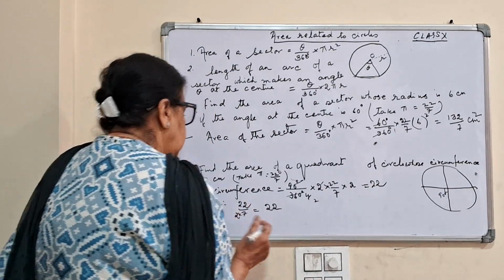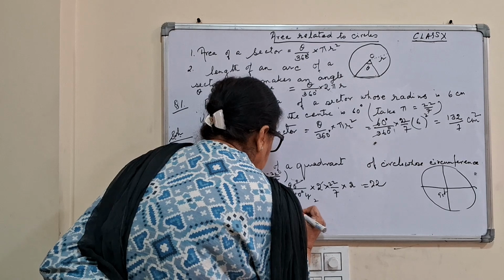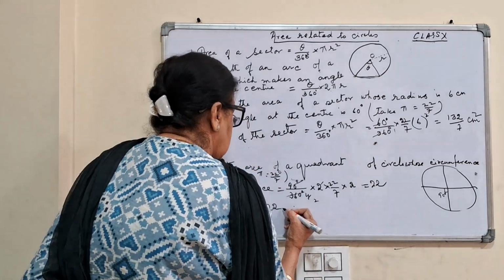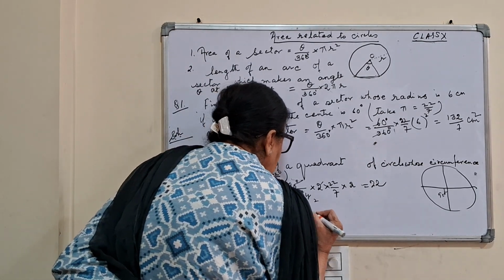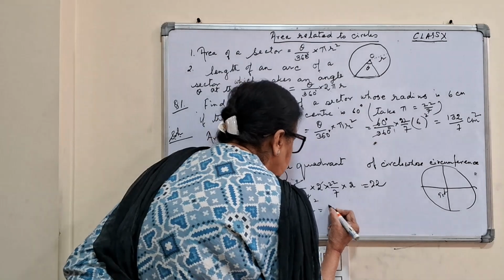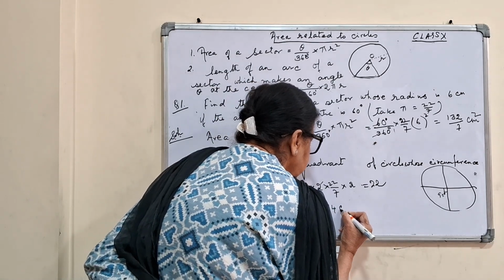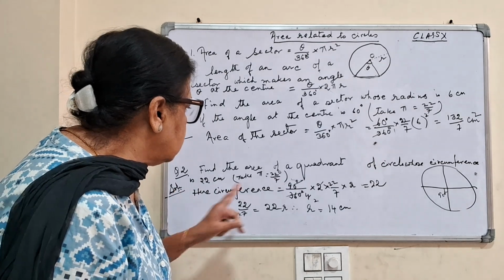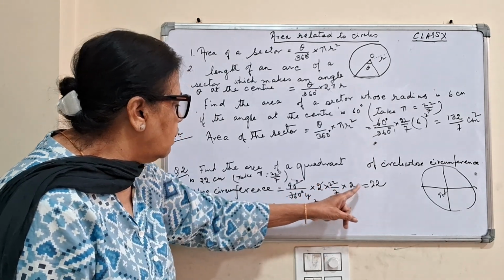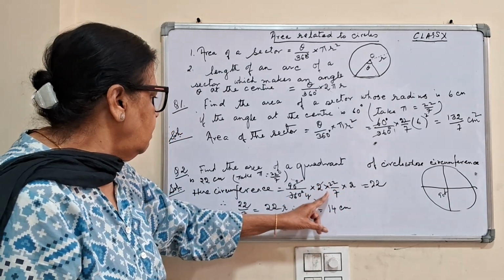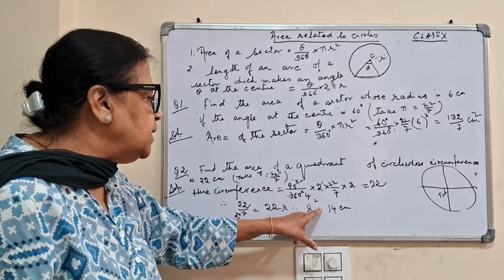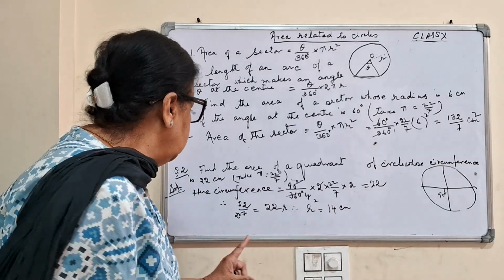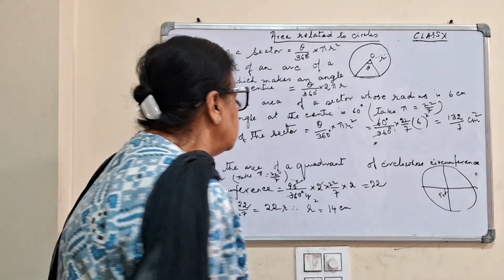So now I cancel that, and this is r, one r is left. r is equal to 14 centimeter. This is 2 pi r. So 2 cancels here, 1 2 is left here. 2 and 7, 14. That is 14 centimeter.